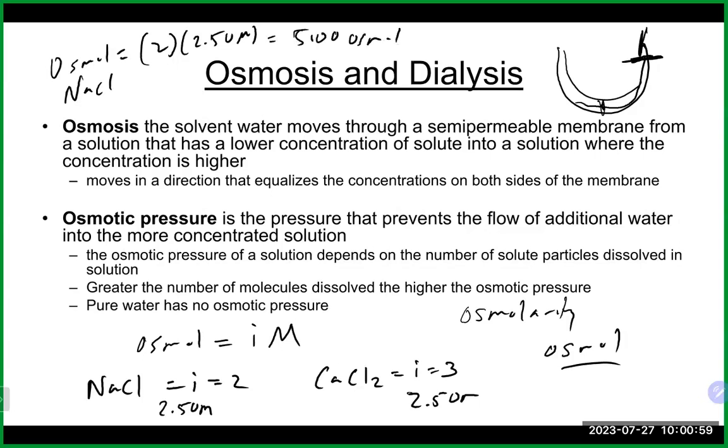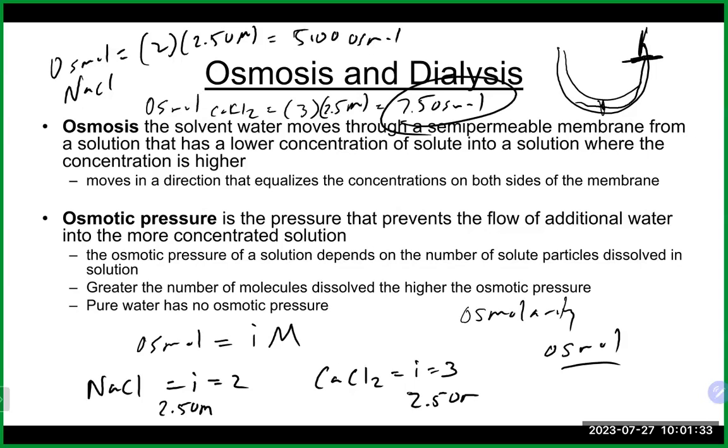And then here we would take our 2.5 times our 3 for our calcium chloride, which is going to give us 7.5 osmolarity. So our calcium chloride, as we would expect, would have a higher osmotic pressure in that osmolarity calculation versus our sodium chloride, which has fewer particles floating around in that solution.